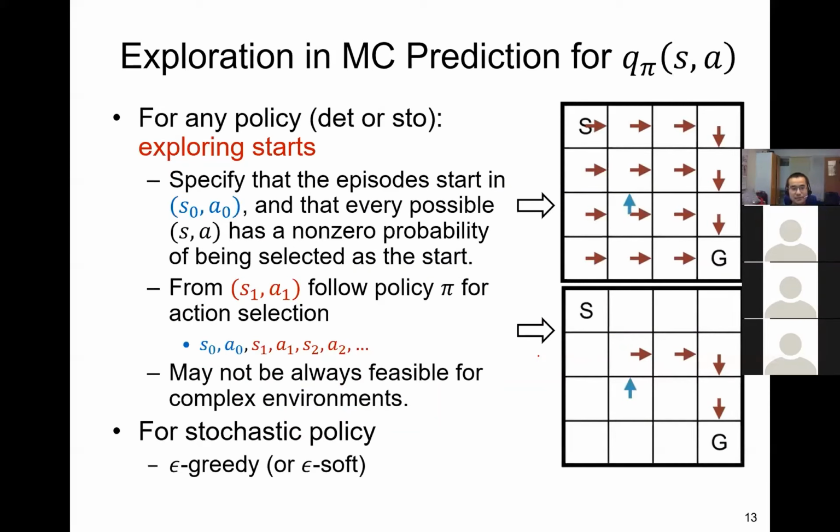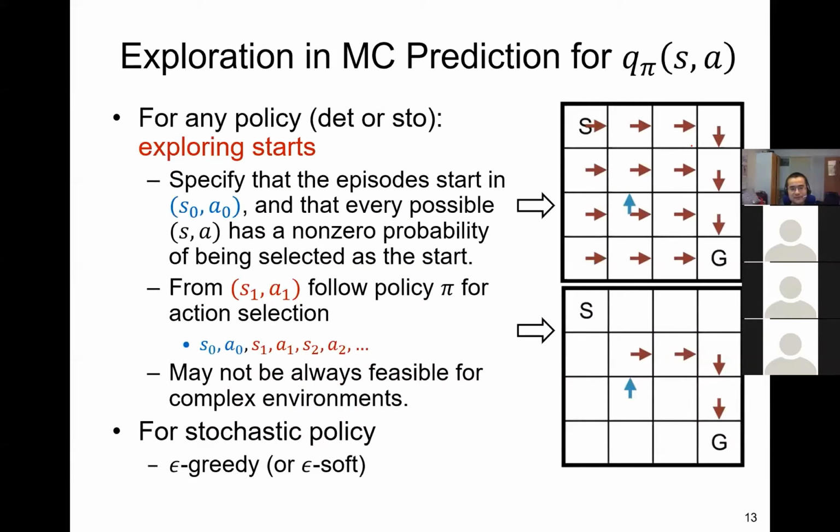So for example, in this grid world, you have a deterministic policy, but it may not be optimal. You want to improve it by doing Monte Carlo. You want to evaluate the Q value at every position.